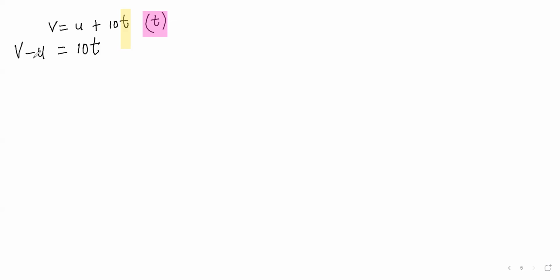So you understand that, Duncan? We cannot carry the 10 across because the 10 is attached to the T, 10 times T. The U was not U times T, so you could have carried it across to the other side.